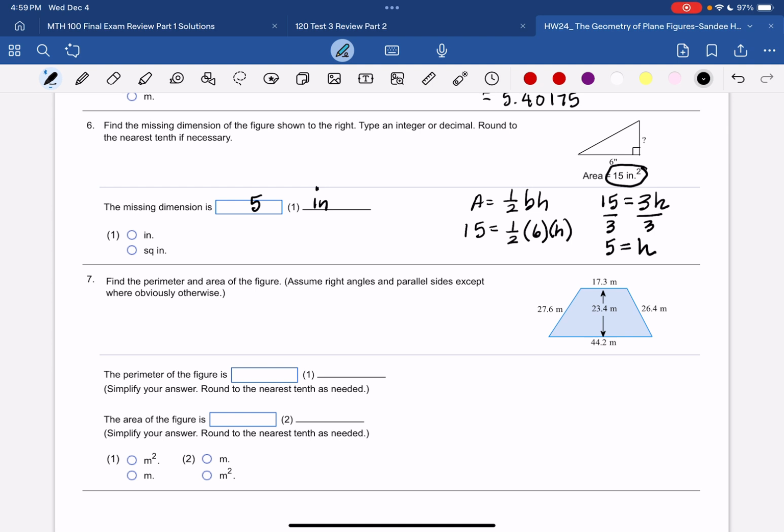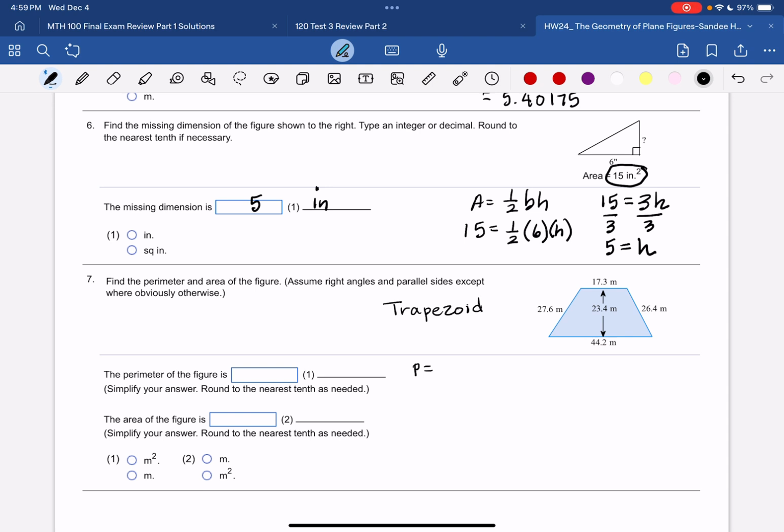Find the perimeter and area of the figure. Assume right angles and parallel sides except where obvious otherwise. Well, perimeter, we're just going to add all these. This shape, by the way, is called a trapezoid.